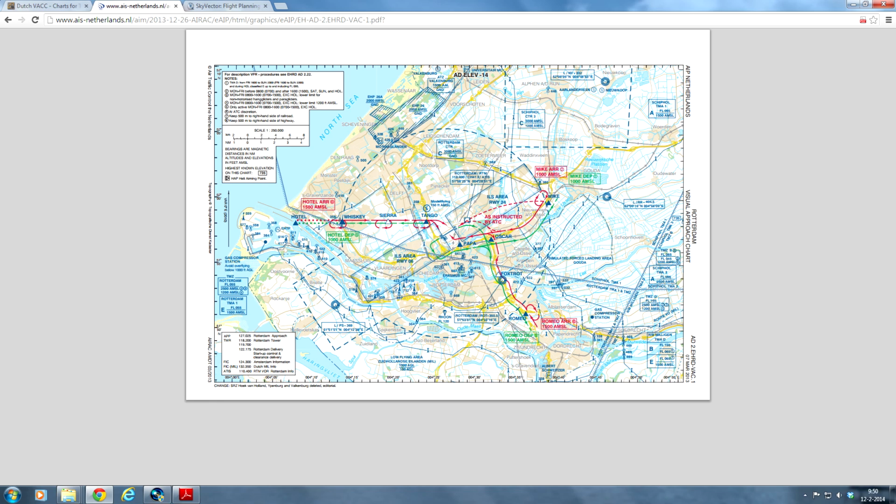A VFR chart doesn't contain a lot of fixes, but it contains fixes over visible landmarks that air traffic control requests you to fly over, and also in some cases report when you're flying over it, so the air traffic controller knows where you are and which route you're going to be using. So also an arrival and departure route, just like the IFR chart, but with visible landmarks as a reference. So a lot of information again, just give it a good read through.